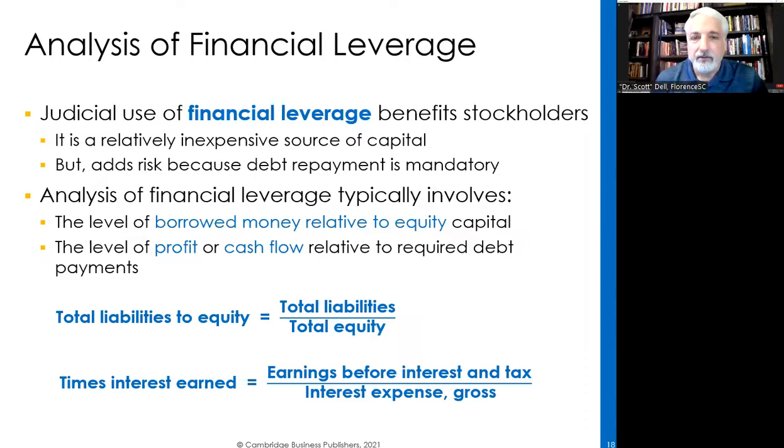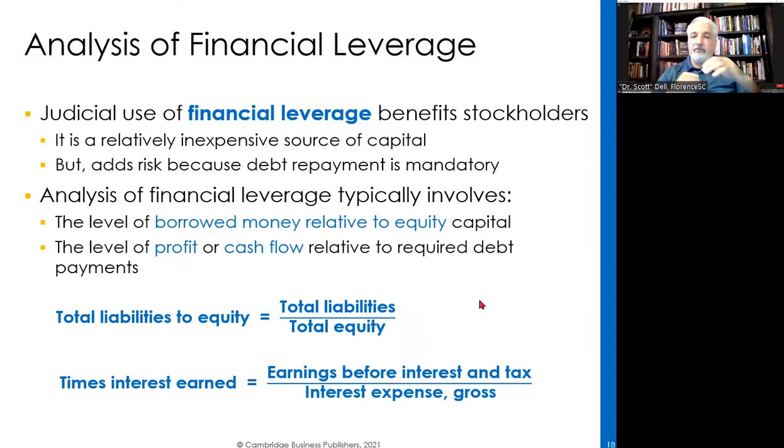And finally, financial leverage benefits stockholders because you're using somebody else's money. There's a liability equity ratio here. And then the times interest earned, which we'll go into in more detail, and we'll have some homework on that. Earnings before interest and taxes, so net income before interest and taxes, divided by your gross interest expense.